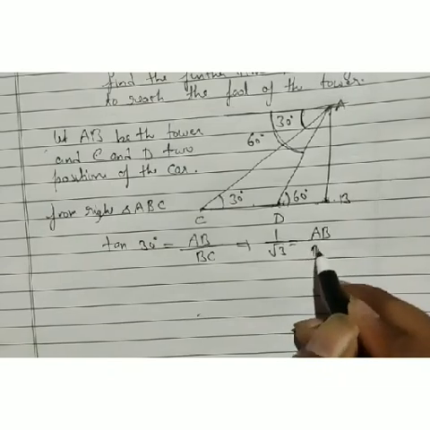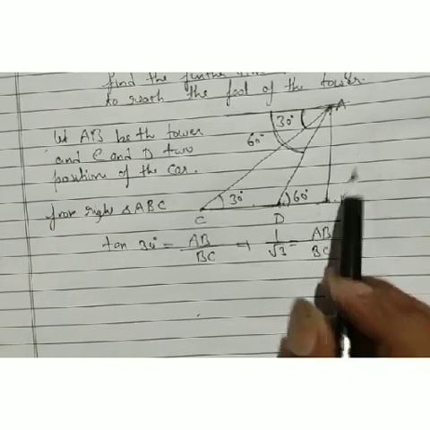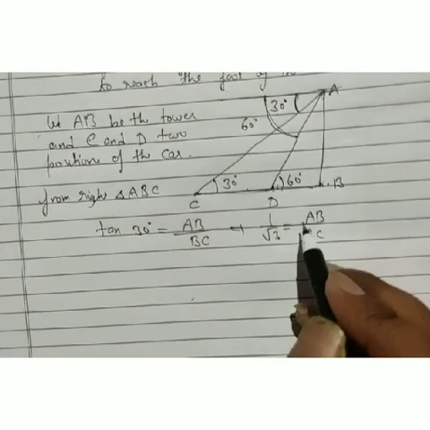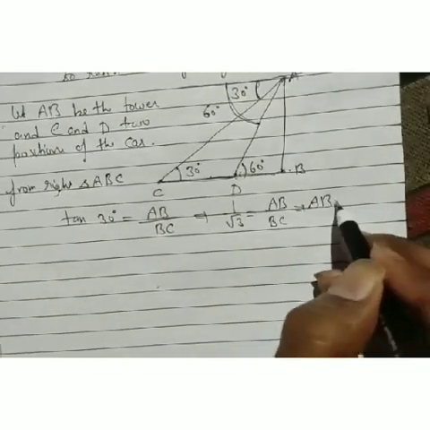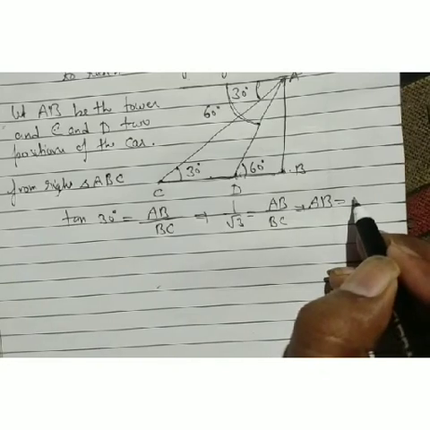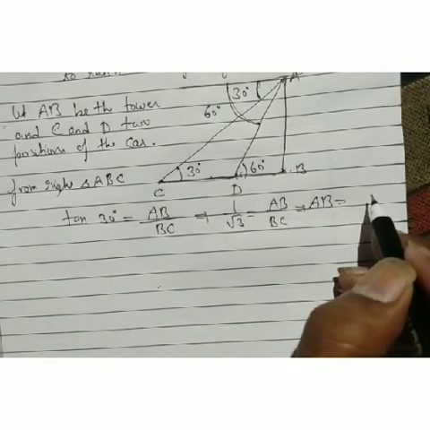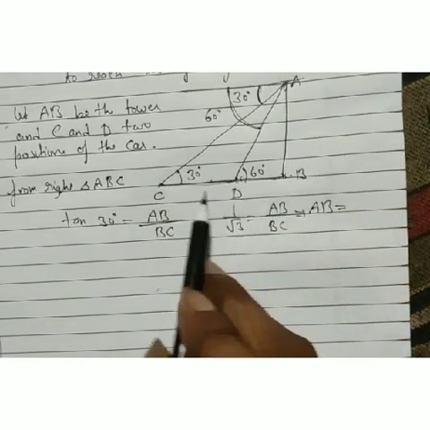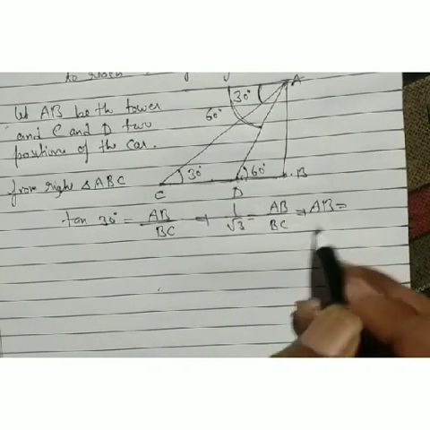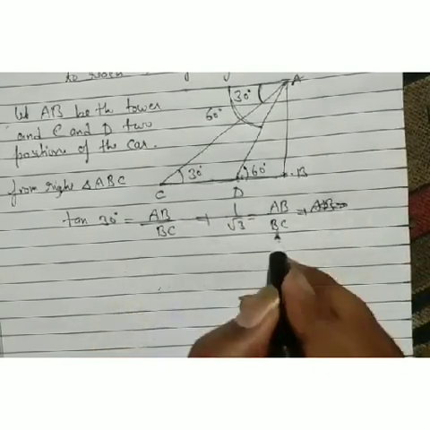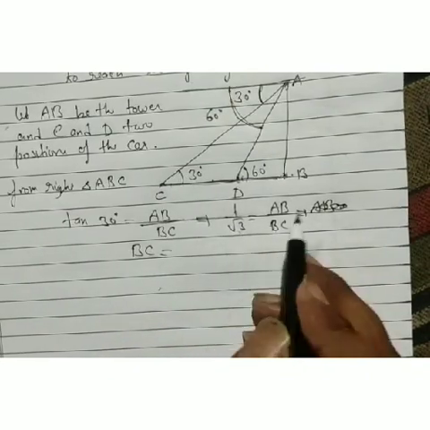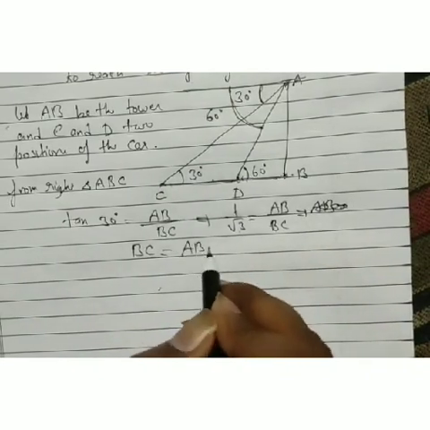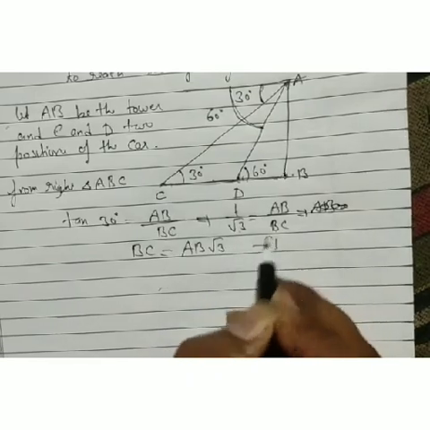Now I'm going to convert the height AB. We are not going to take AB, because we need this distance, so we take BC. From here we get the value of BC is AB into root 3. Take this as equation 1.